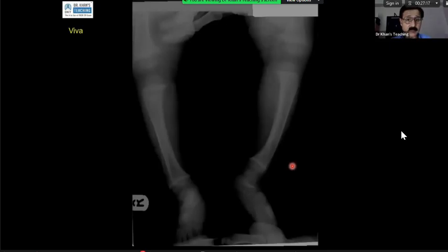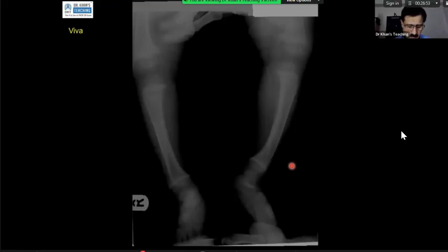Yes, please. I am presenting with... Look at both tibia. Yes, there's a bowing of the left tibia. I think bowing of both tibia, more on the left side.